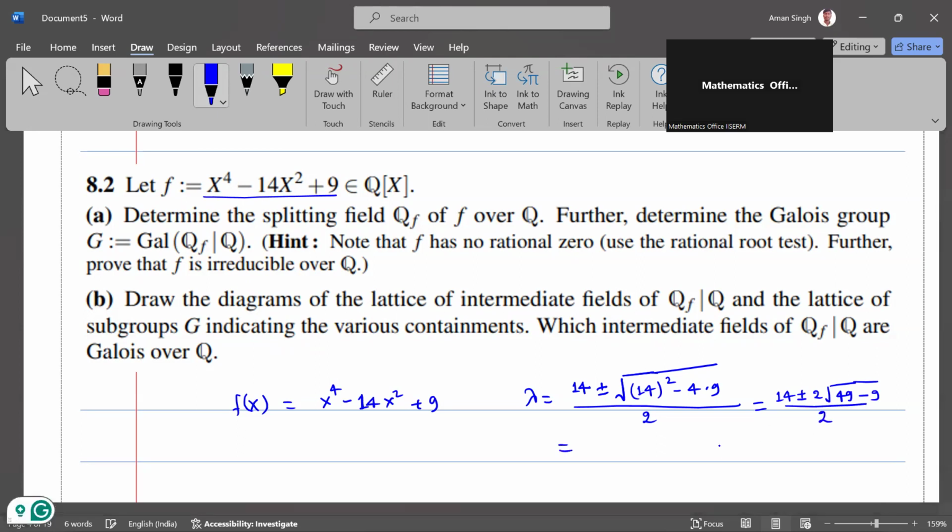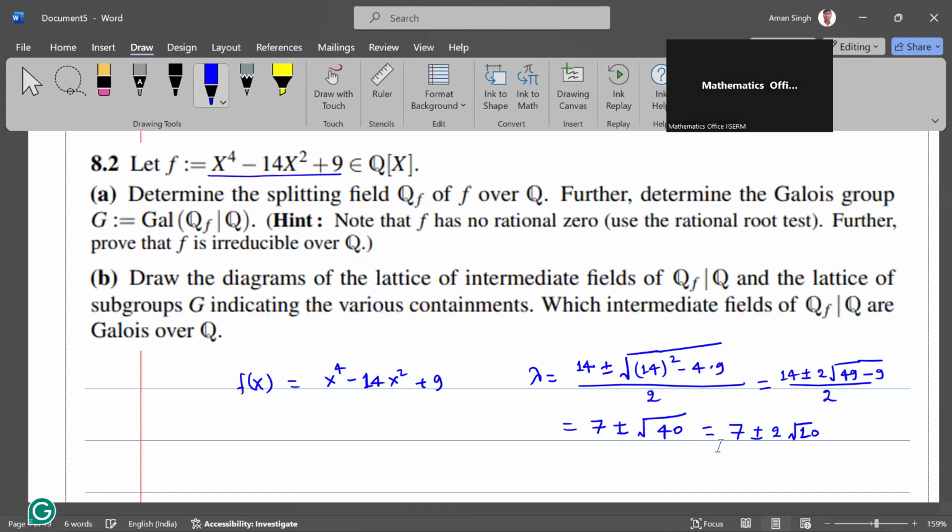It just becomes 7 plus minus, canceling with 2, root of 49 minus 9, which is 40, and this can be written as 7 plus minus 2 root 10.